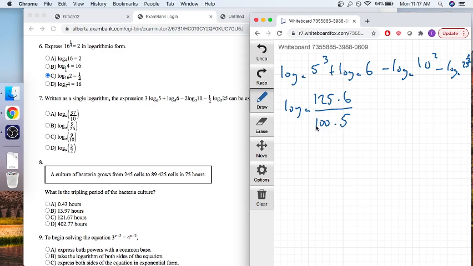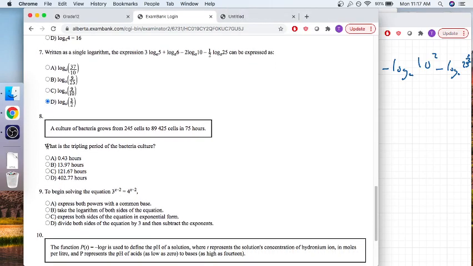Can we reduce this? 125 divided by 100 can be reduced to 5 divided by 4, times 6 times 5. So get rid of the 5s, and then we can reduce this down to 3 divided by 2. And that is going to be our answer, D.